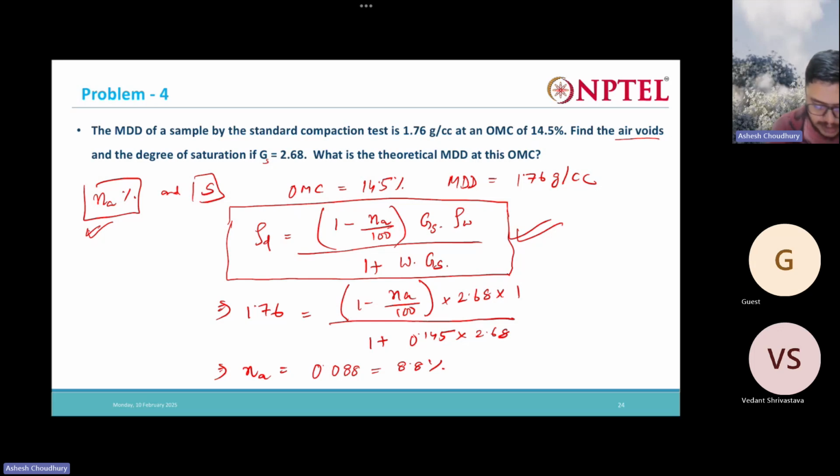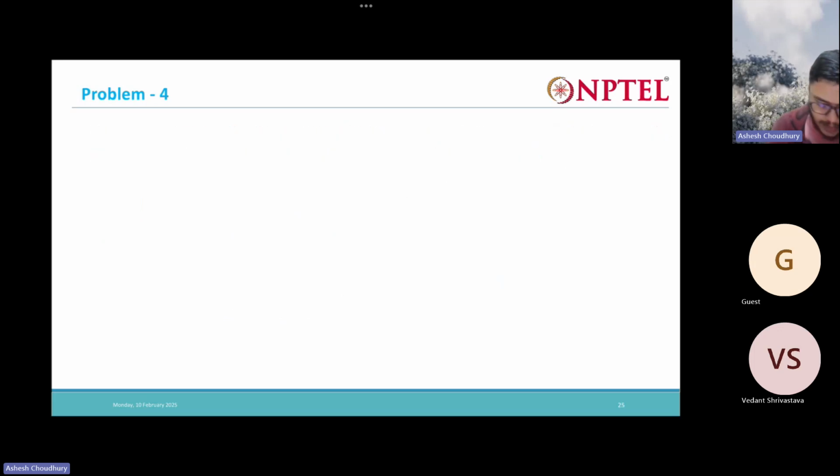Now the next task is to find out the saturation. So again we have this relation with us. Saturation I can get from this, right?